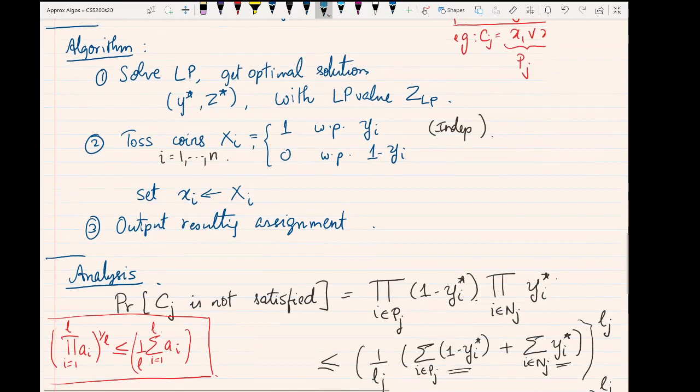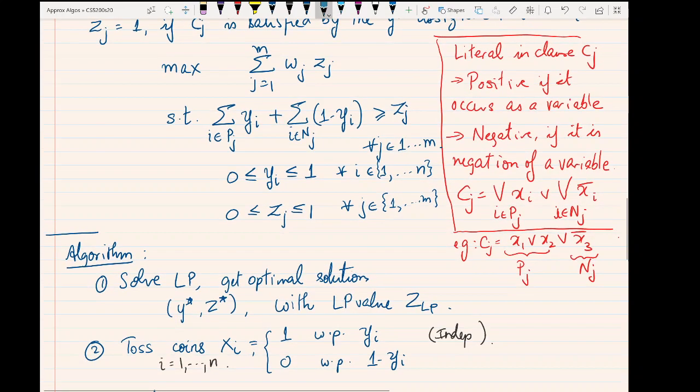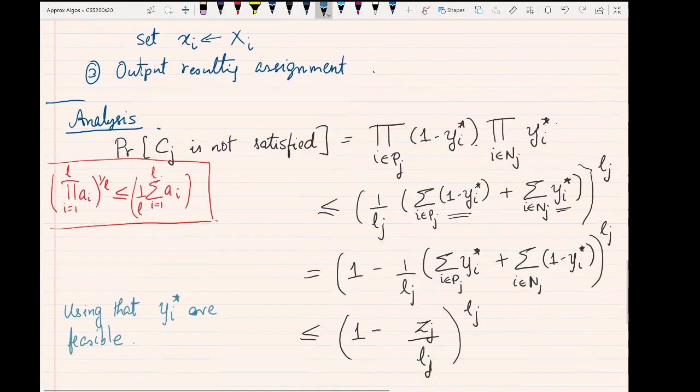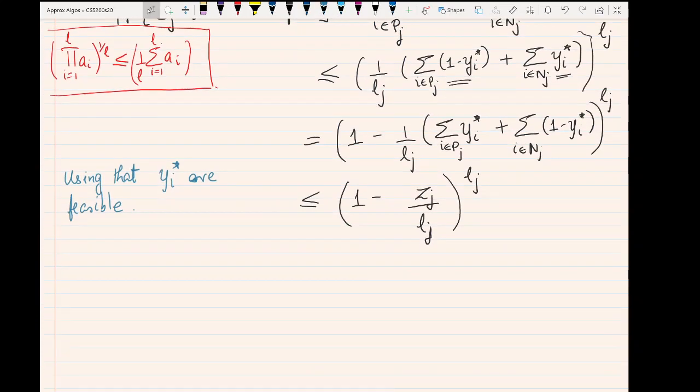Okay, so if you look back at the constraint, we had that the sum over the positive literals of yi plus the sum over the negative literals of 1 minus yi is greater than or equal to zj, and that is exactly what we have used here. This is greater than or equal to zj star, and so because all of these terms are negated, we get the following one.